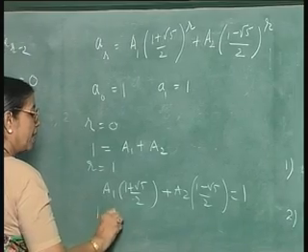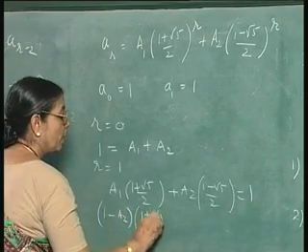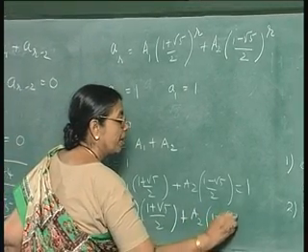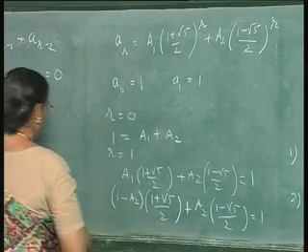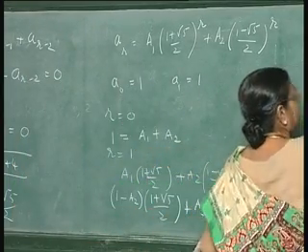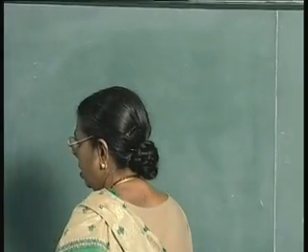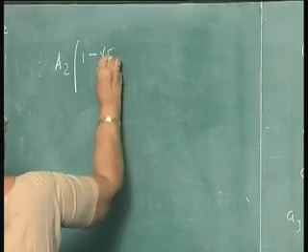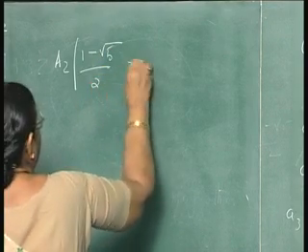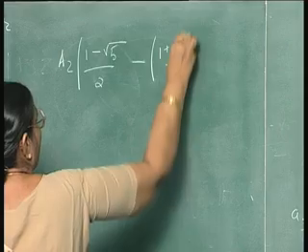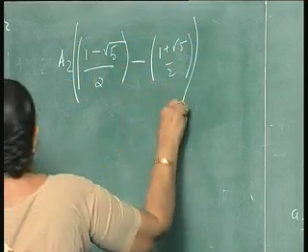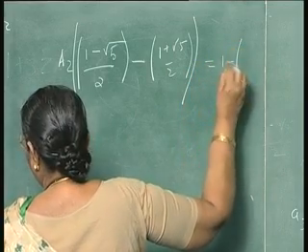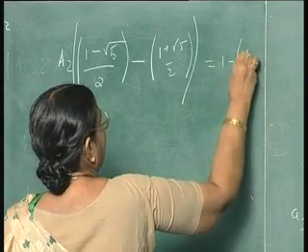So, (1 - A2)(1 + root 5)/2 + A2 (1 - root 5)/2 = 1, which will give you A2 [(1 - root 5)/2 - (1 + root 5)/2], that is the left hand side, equal to 1 - (1 + root 5)/2.